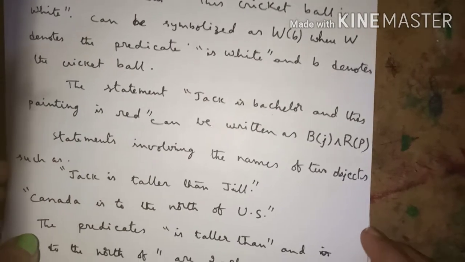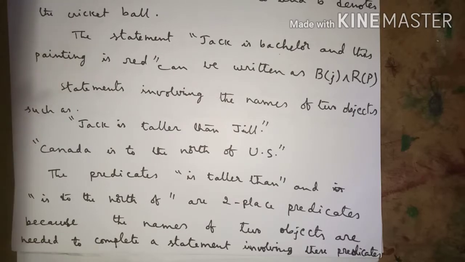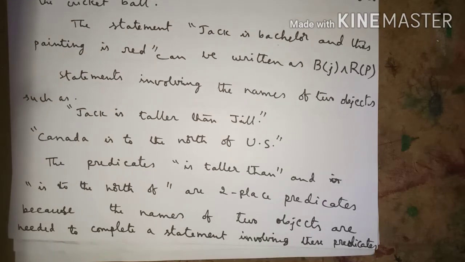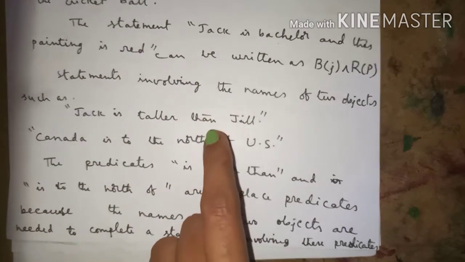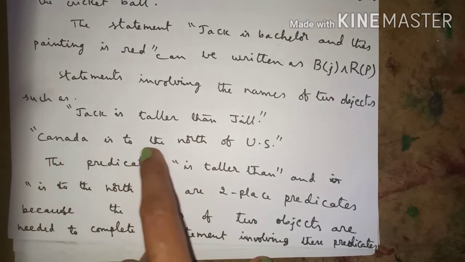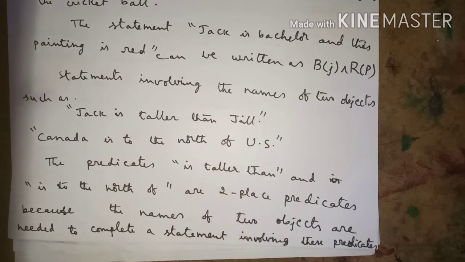Now in the same way, sometimes we will have statements involving the names of two objects. For example, Jack is taller than Jill, or Canada is north of United States.